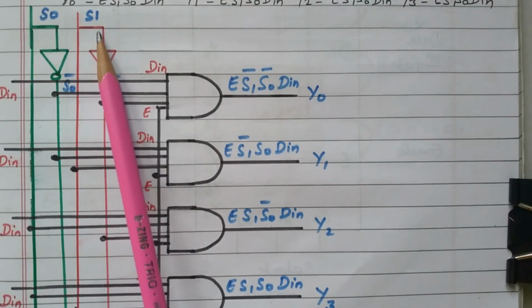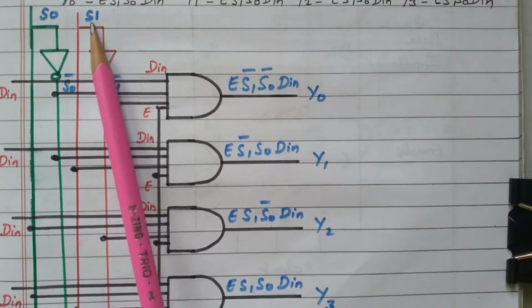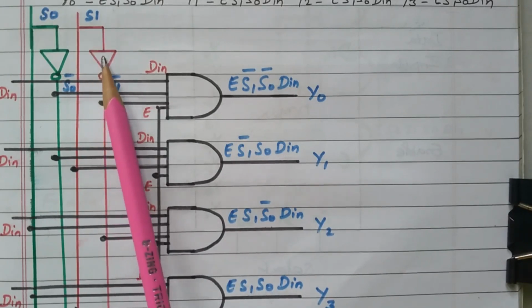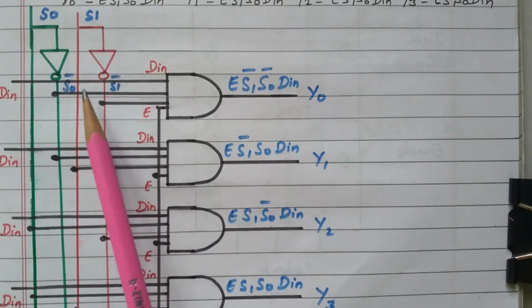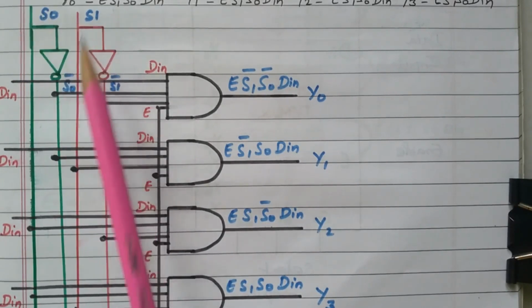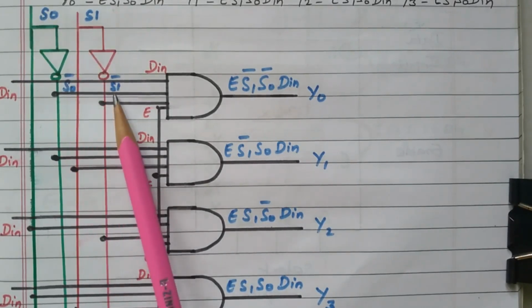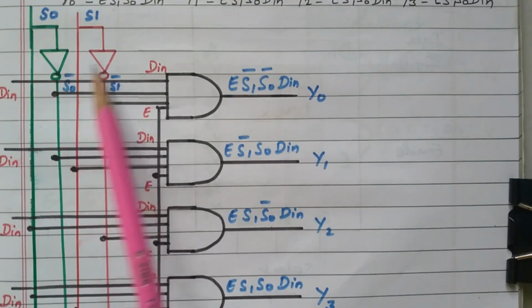Similarly, in S1 one tapping is taken and connected to a NOT gate, and after the NOT gate it is S1 dash. So we have 4 possibilities. S0, S1 is available. S0 dash, S1 dash are also available. Using the NOT gate we get the complements also.